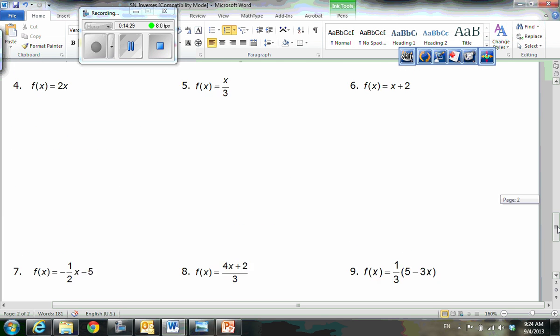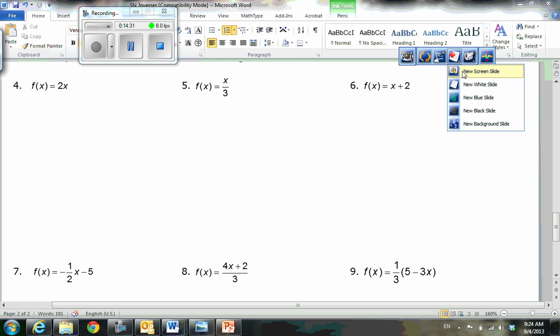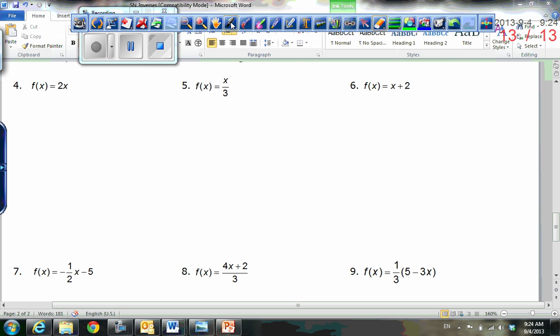Last thing. Solving for y. Here we're finding the inverse algebraically. First step, rewrite it as y equals 2x. The next step, what are we supposed to do?